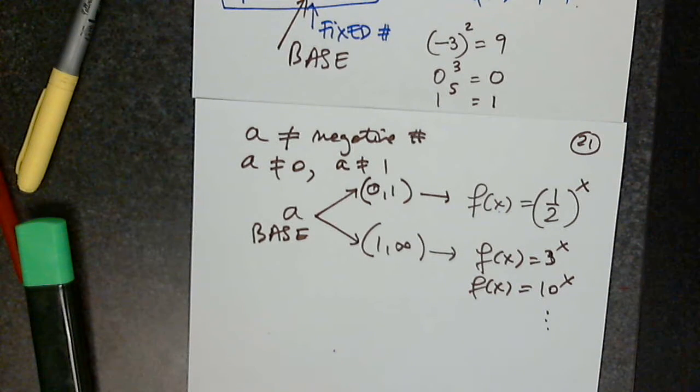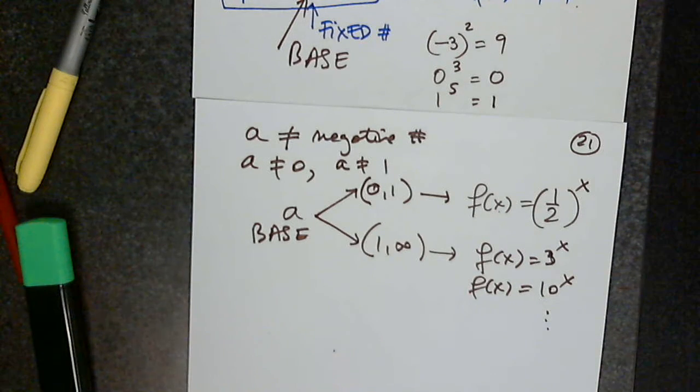Bacteria grow exponentially. Populations in general, assuming they grow. I don't want to say decrease. If they have a negative exponential growth, then they will decrease. But they increase over time. Mice, rabbits grow exponentially.